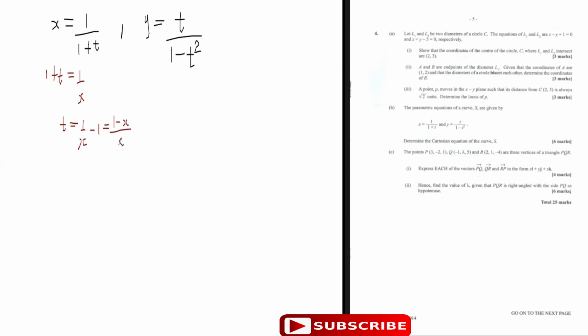All right, so I'm going to substitute t as 1 minus x over x into y. So y is equal to t, which is 1 minus x over x, and all of this is divided by 1 minus t squared.